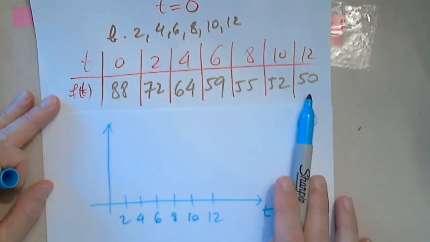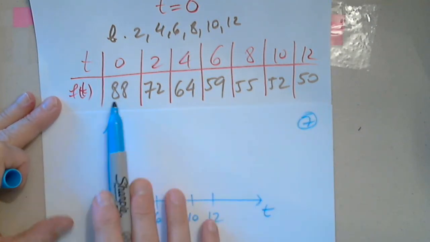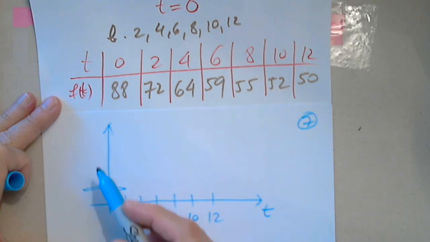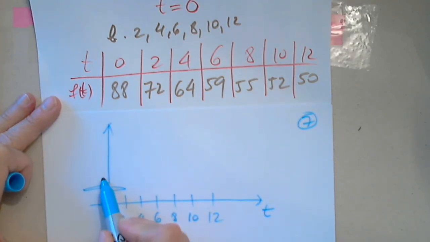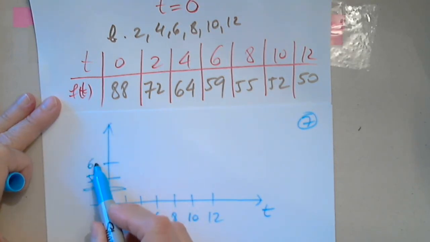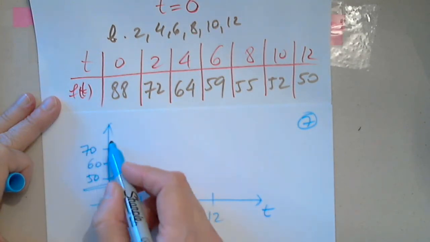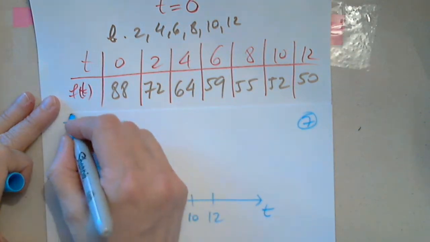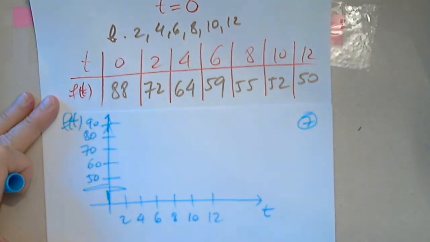Now, I see that the smallest is 50 and the highest is 88, so I'm going to break the y-axis and say this is my 50, this is my 60, this is my 70, this is my 80, and this is my 90. And this is, of course, f of t.